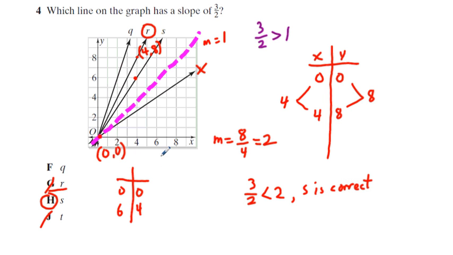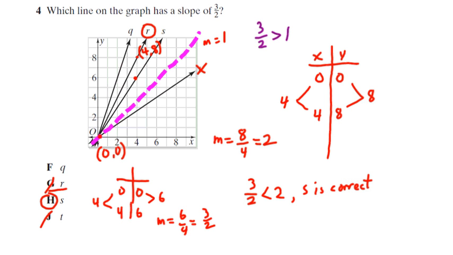So we would have our, yeah, I got to write it differently. Got to write the point 4, comma 6 like it should be. Here's 4, 6. So we have 6 on the right side, 4 on the left side. So our m is equal to 6 over 4, which simplifies to 3/2.